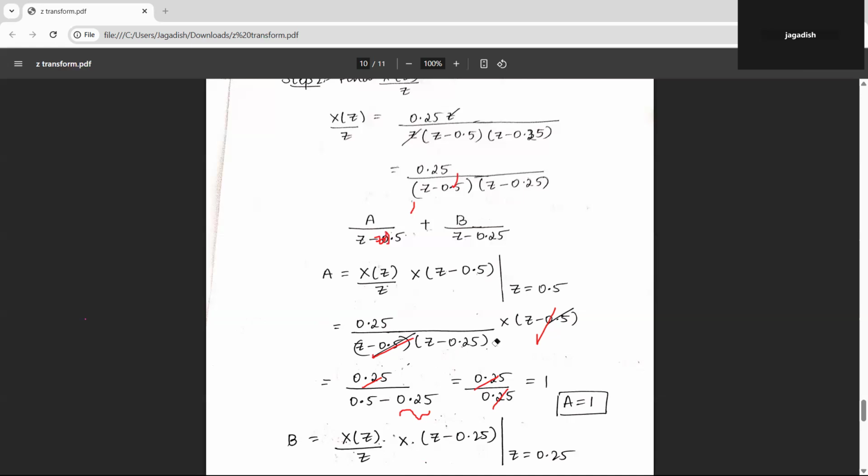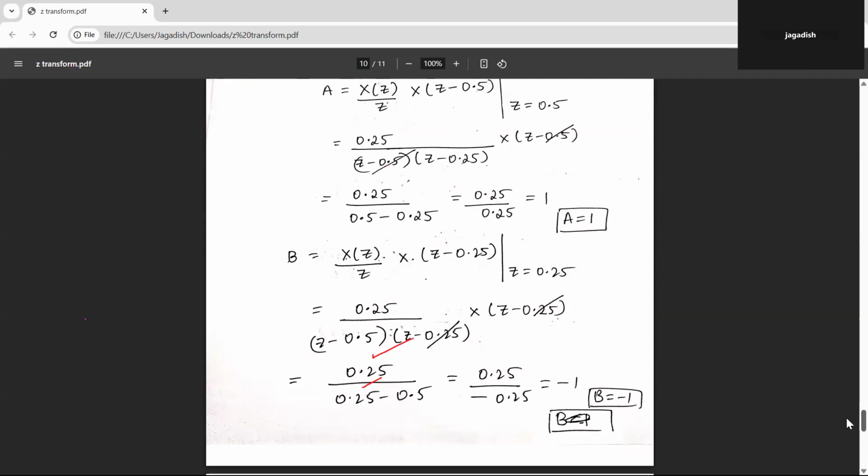Now for B, the same thing. You have to multiply with (z minus 0.25). X of z by z will be the same. You have to substitute z as 0.25 after simplification. Remember this: don't substitute z first; after simplifying, substitute it.